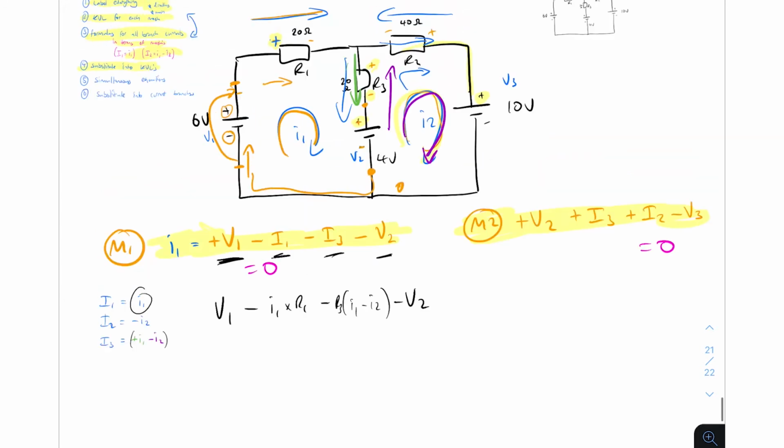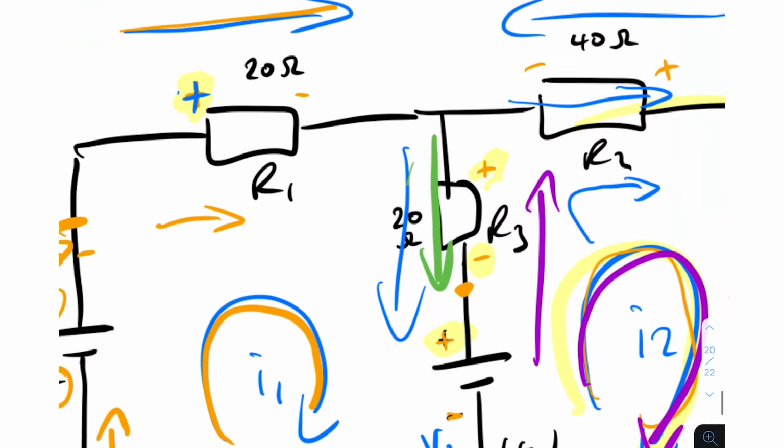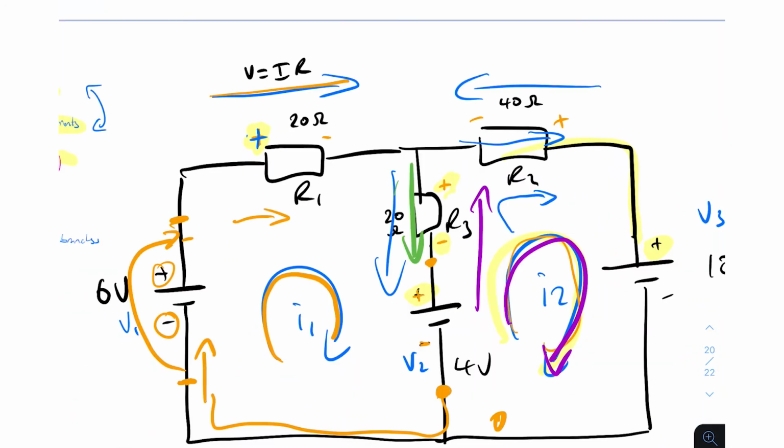The reason we're doing that, if you think about it in terms of R1: V is equal to IR. If the current I is equal to I1, then the voltage is equal to I1 times the resistor value R1, which is 20 ohms.